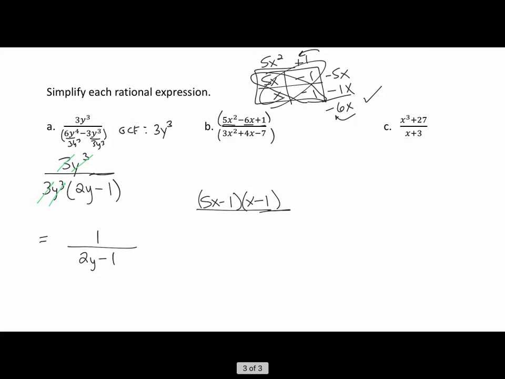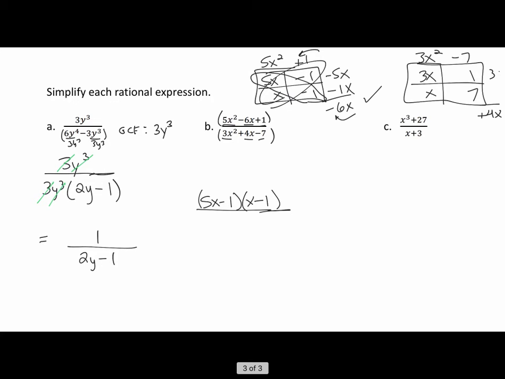Okay. So let's look at the denominator. Is there a common factor for all of the terms? No. It's a trinomial. So let me see if we can unfoil this. Factors of the first and the last term. And we want to add up to the middle term. So 3 is a prime number, and so is 7. We just have to figure out which way it goes. It's probably not going to be 7 times 3 because that's 21.